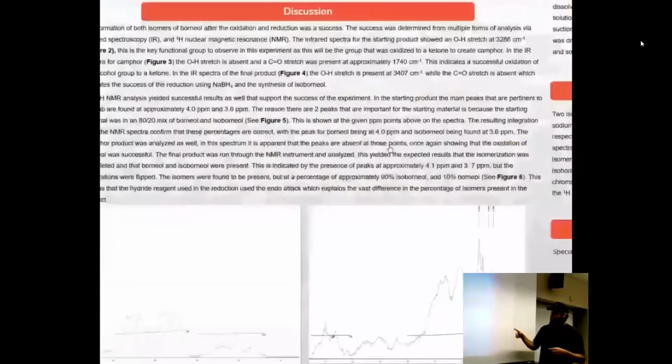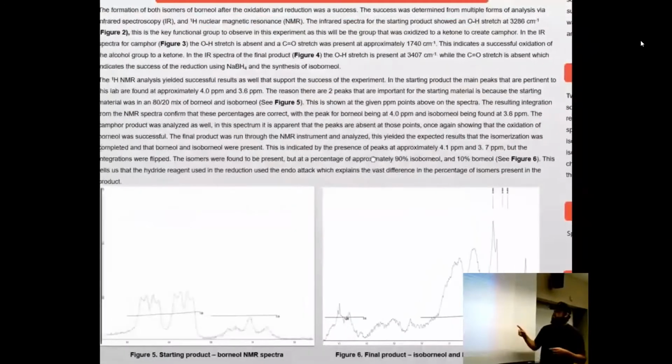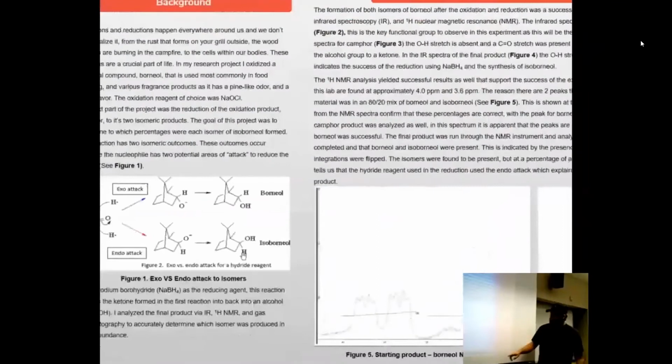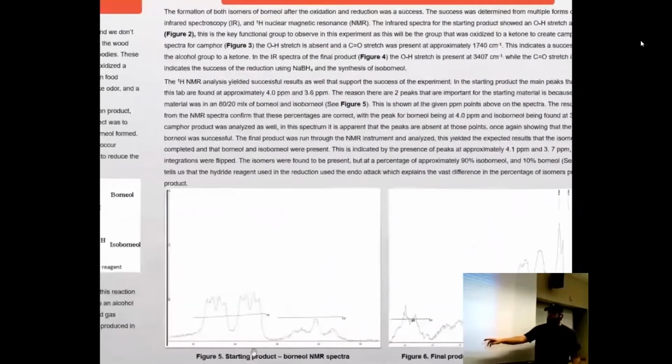Then to determine the percentages, I integrated the NMR spectra. The starting product of borneol integrated to an 80-20 mix, so it would be 80% borneol with 20% isoborneol.